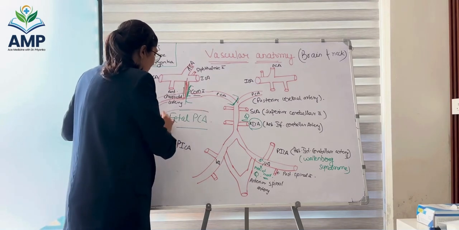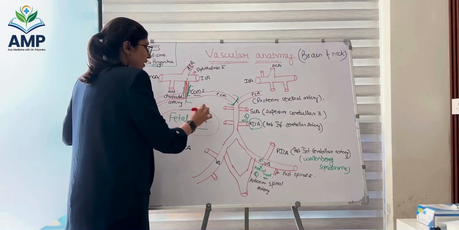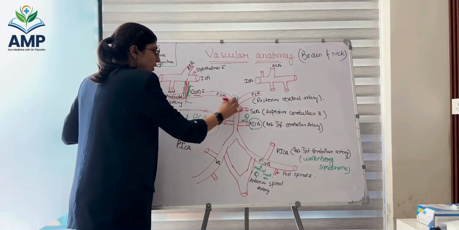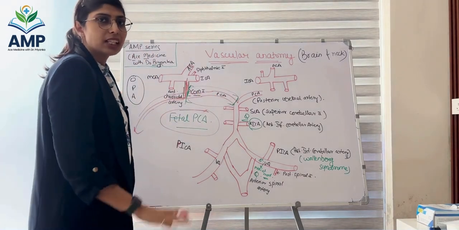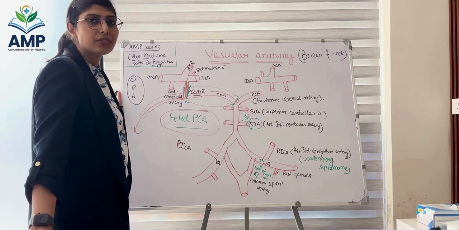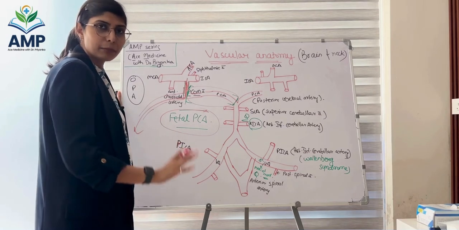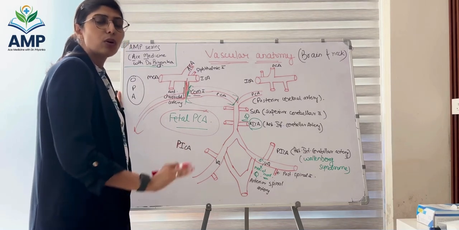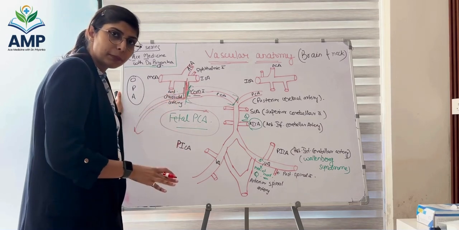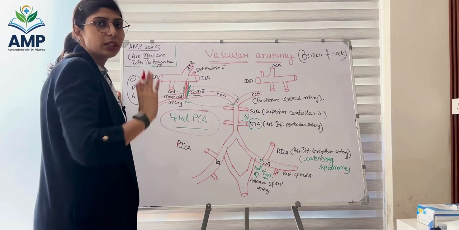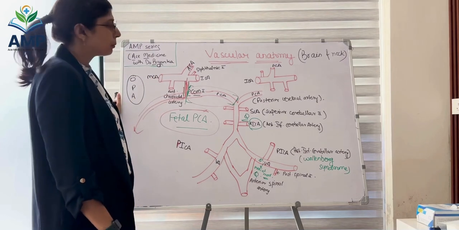Whenever there is a fetal PCA, this portion is not there and the posterior circulation is not supplying the posterior cerebral hemisphere. So if there is a clot in the MCA, it can also lead to occipital lobe involvement, because in a fetal PCA, the anterior circulation is actually supplying the posterior cerebral hemispheres.